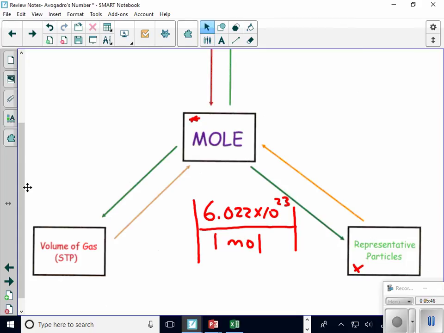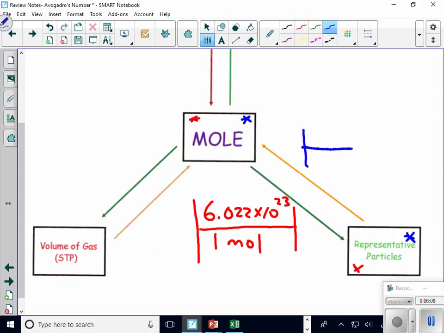Now, if I am going the other way, the yellow arrow, and I'm going from representative particles to the mole, I just use the inverse of that.